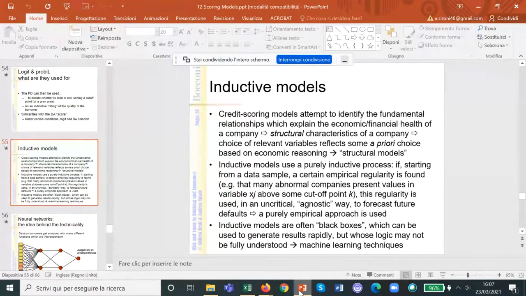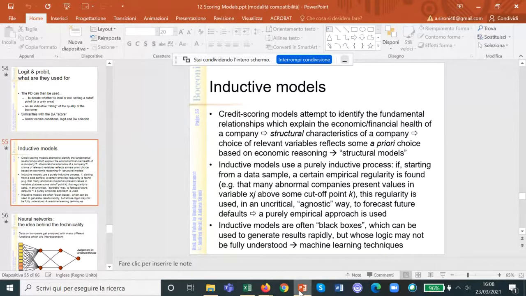Now, the credit scoring models that we've seen so far basically try to understand what are the fundamental relationships that explain the economic and financial health of a company. And so basically try to look at the structural features of a company and try to, if you want, choose the variables based on that.